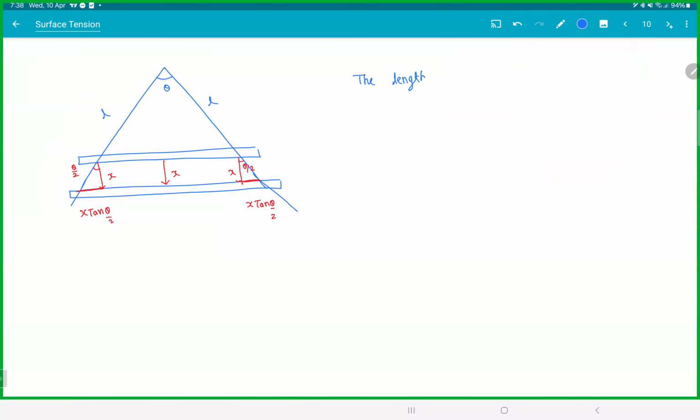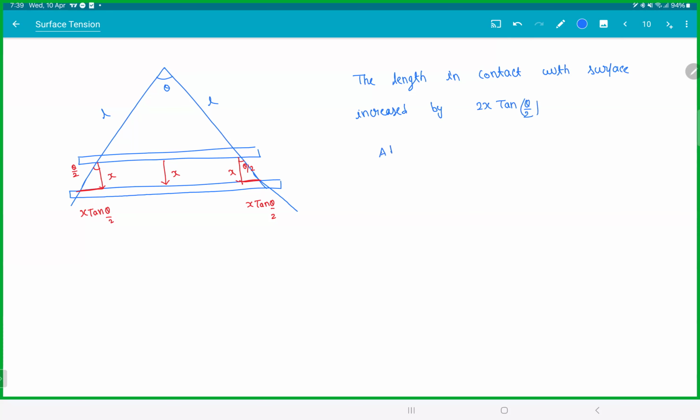Remember, we're not interested in the initial forces. We are interested in the change in forces. The length in contact with the surface increased by 2x tan theta by 2.